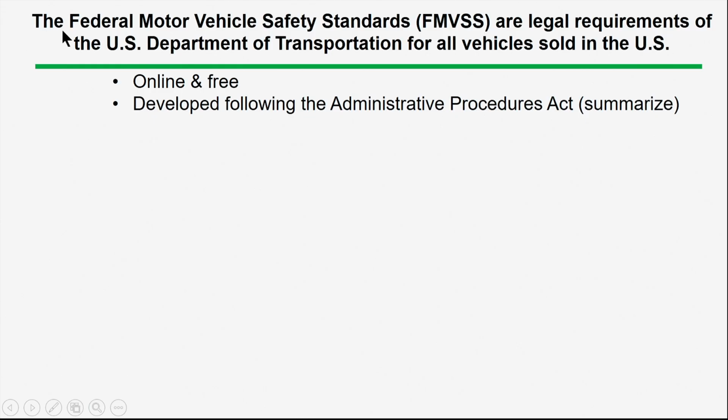Another organization that has a really important role in standards and driving safety is the U.S. Department of Transportation. They issue something called the Federal Motor Vehicle Safety Standards, commonly referred to as FMVSS. And what's in those standards are legal requirements for vehicles sold in the United States.